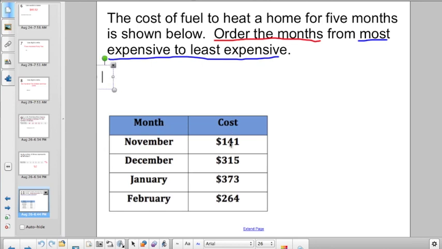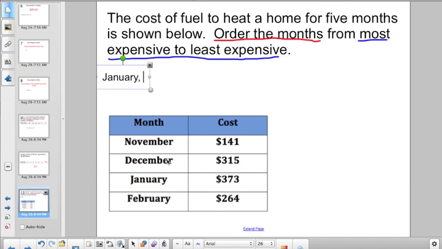What was our most expensive month? The most expensive month was $373, but we're not writing $373. They want us to order the months. So that month was January, right? What's next most expensive after January? Looks like $315.